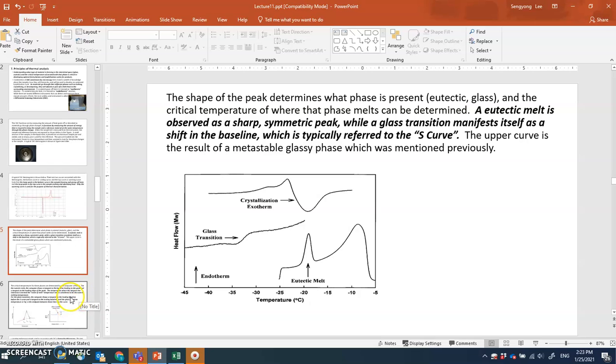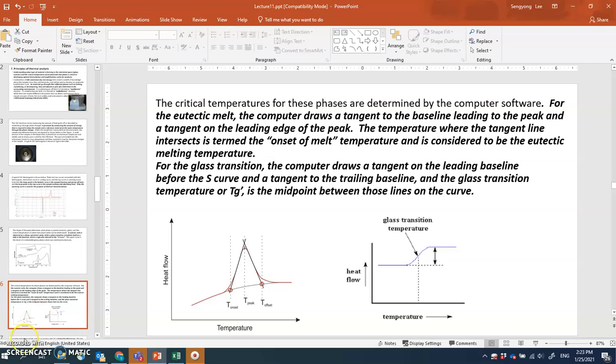Okay, so DSC is a very valuable tool in the thermal analysis of your drug molecule. Critical temperatures for these kinds of phases are determined by the computer software. For the eutectic melt, the computer draws a tangent to the baseline leading to the peak, and a tangent to the leading edge of the peak.